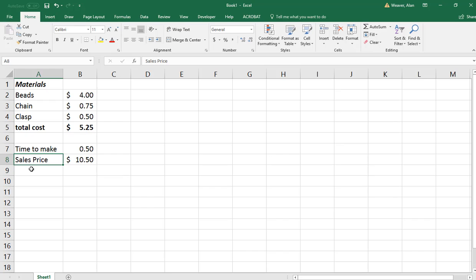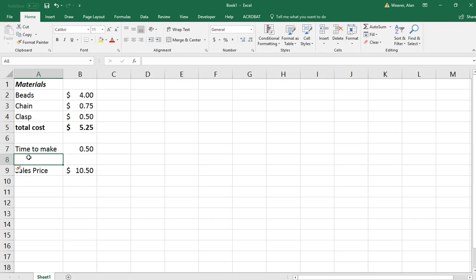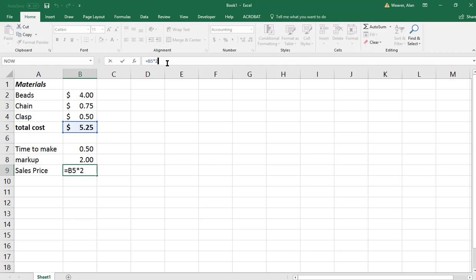We might want to change the markup there. You would want to have, I'm going to put a row in between here, and I'm going to say markup. I'm going to say we're going to double the price. And then we could just change this formula to put this in here. So you still got the $10.50. So you sell the 2 of them.